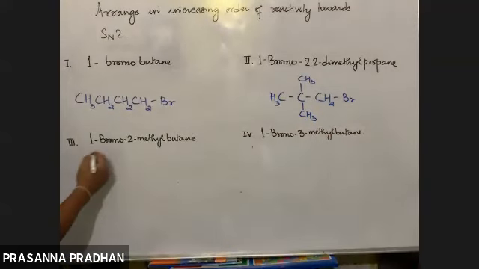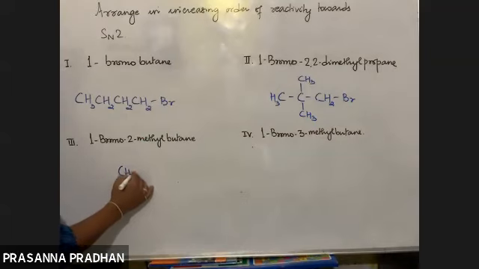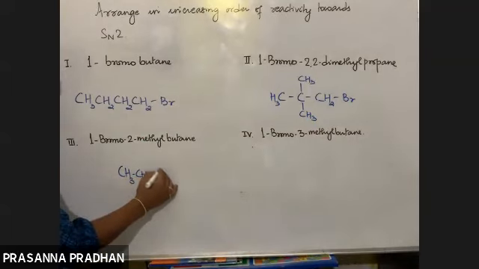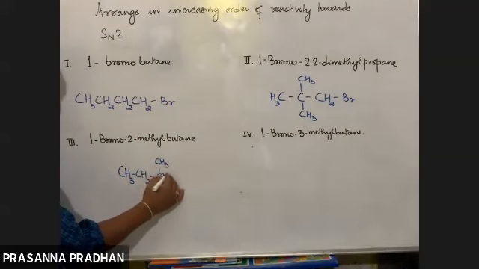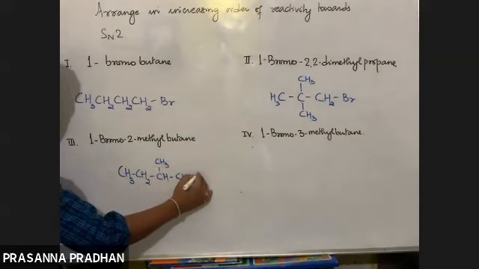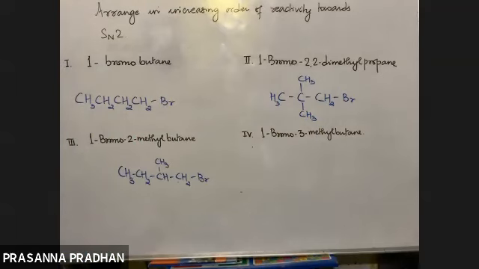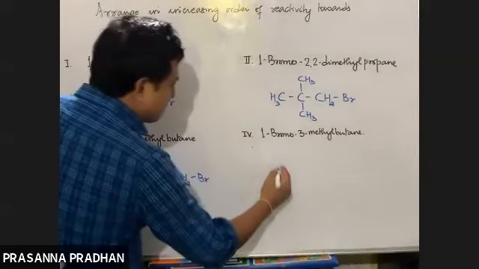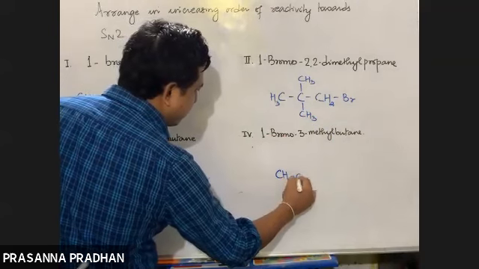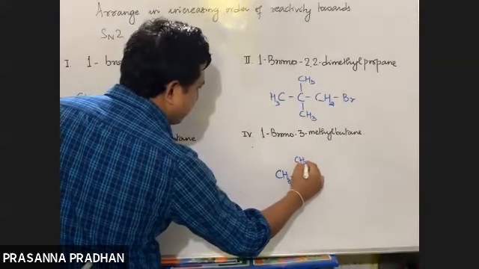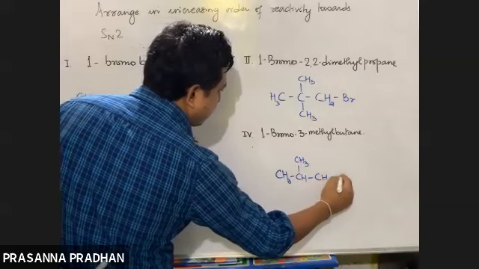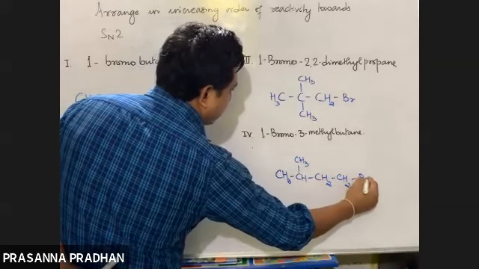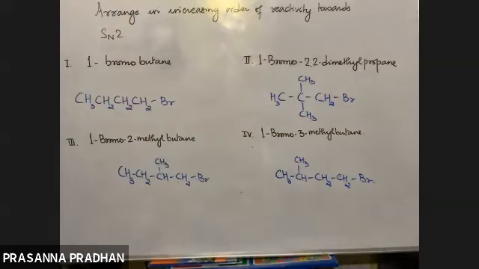The third one is 1 bromo, 2 methyl butane. Fine, this is the structure, and you can draw the structures. Then 1 bromo, 3 methyl butane. So these are the 4 structures, the 4 halides. Just have a look at these 4 structures.